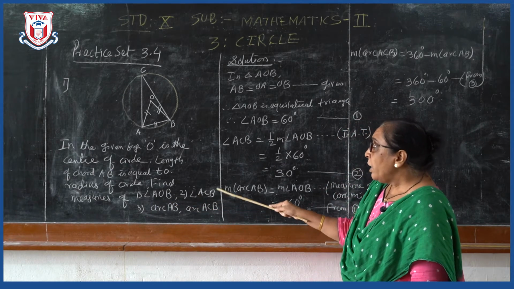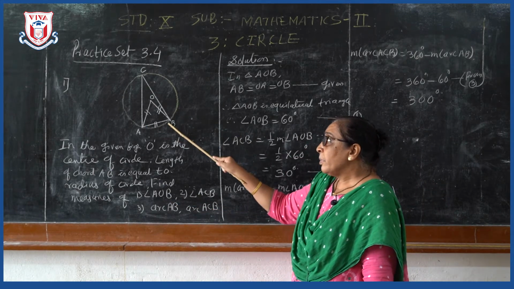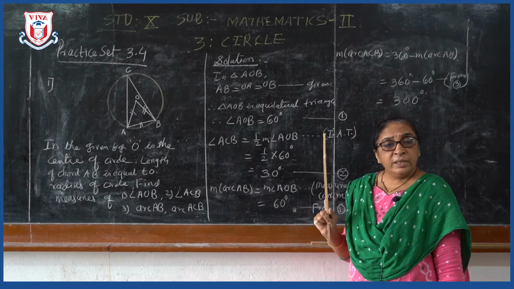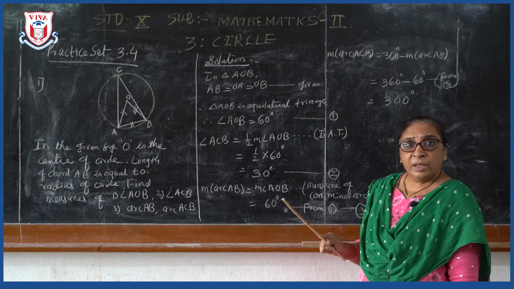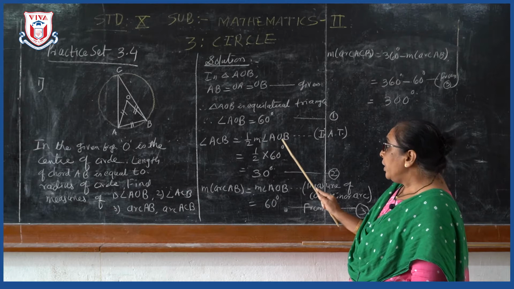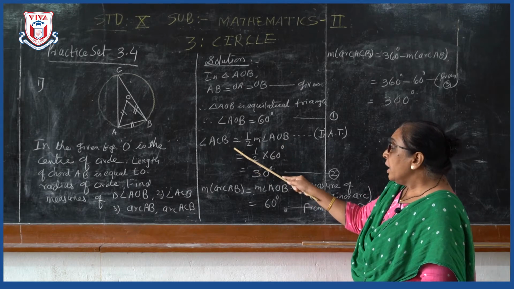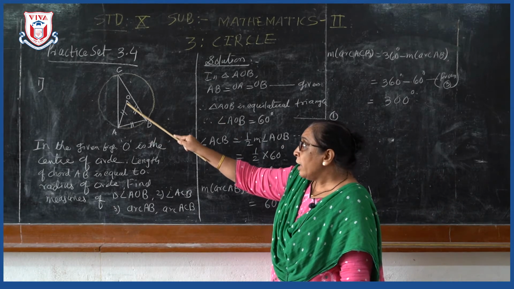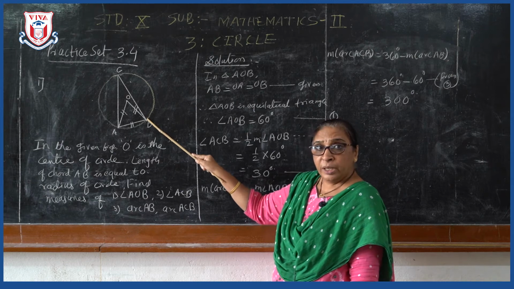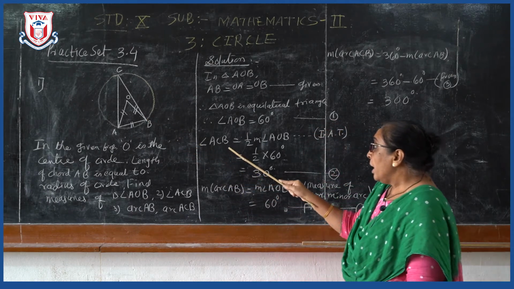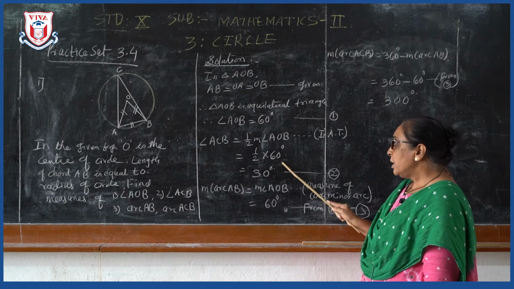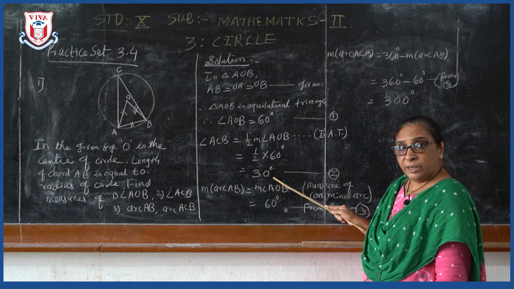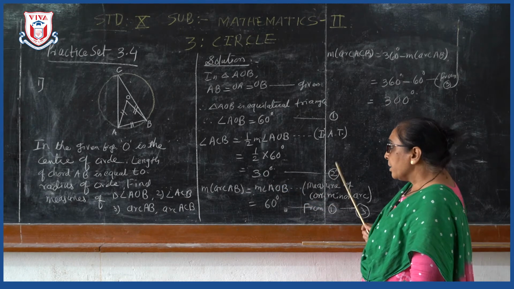Now we have to find out angle ACB. We have already studied the inscribed angle theorem, and from that we know that angle ACB is half the measure of angle AOB. So ACB will be half of 60 degree, that means 30 degree. That is the second answer.